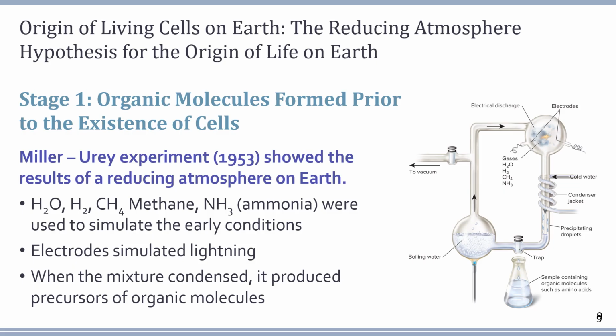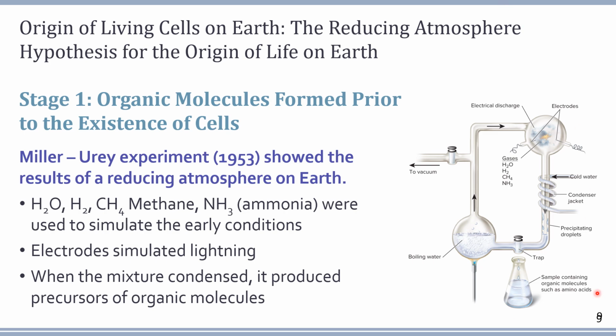At the lowest organizational level, we have atoms and molecules. And those atoms and molecules are then organized to make our biological molecules. And then our biological molecules are organized to make our cells. So before we can even get cells, we have to have the right molecules.